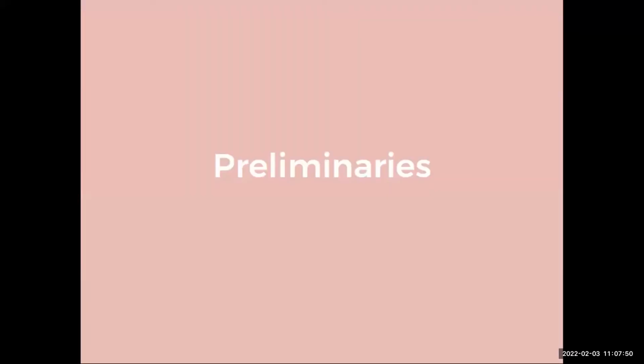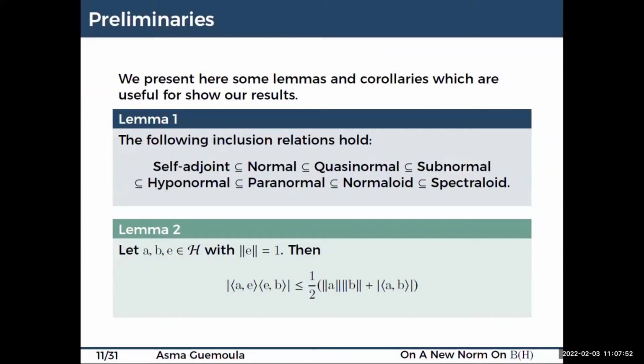Preliminaries. We present here some lemmas and corollaries which are useful to show our results. Lemma 1. The following inclusion relations hold for the classes of operators as shown. Lemma 2.